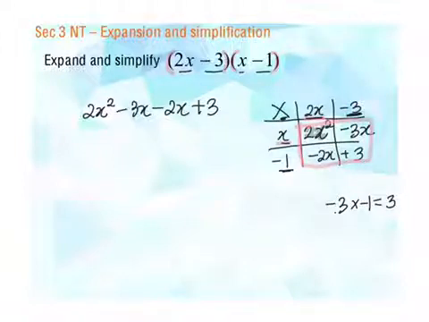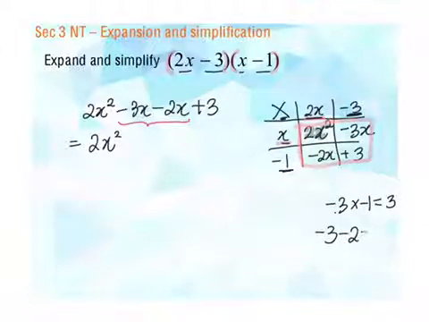However, this is not the final answer. Why is that so? Because we have like terms in the middle here. The x terms are the like terms. So we need to simplify these into 2x squared. And for this part, we will have minus 3 units, minus 2 units. Bear in mind, this is subtraction.